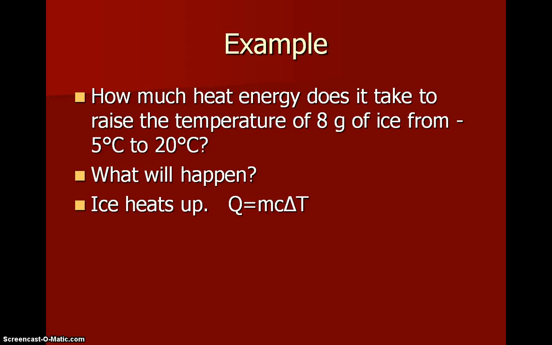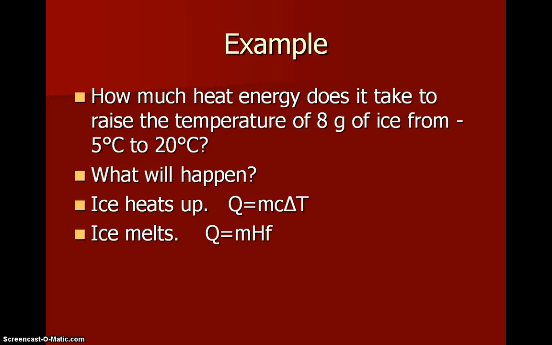First, the solid ice is going to heat up. And so we have the heat energy that is required to take that mass of the ice and raise it by 5 degrees Celsius, because we know that at 0 is when it's going to start to melt. And that C is the specific heat for solid water, or ice. So it's a little bit different than liquid water.